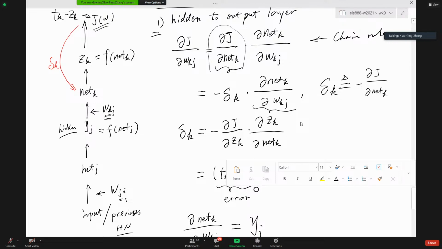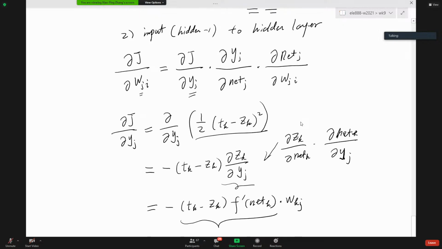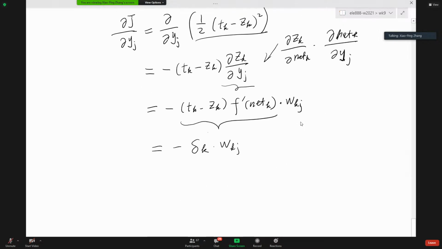How? That's our next step. Now we have delta j equal to f prime net j, defined as f prime net j times delta k times wkj.